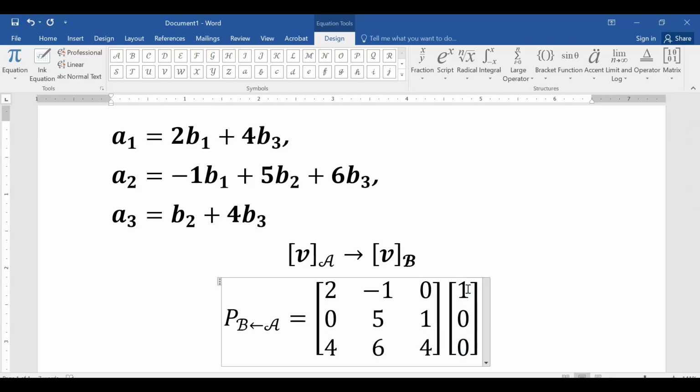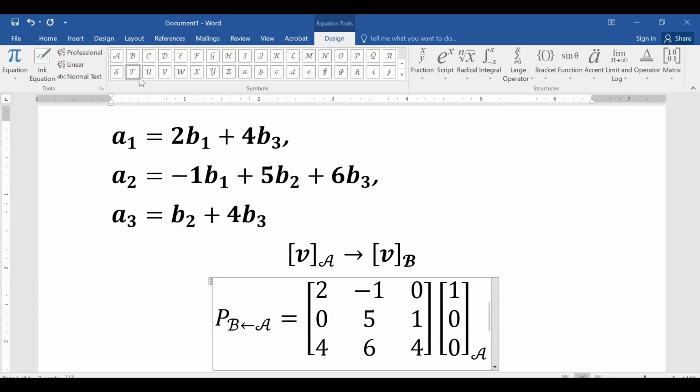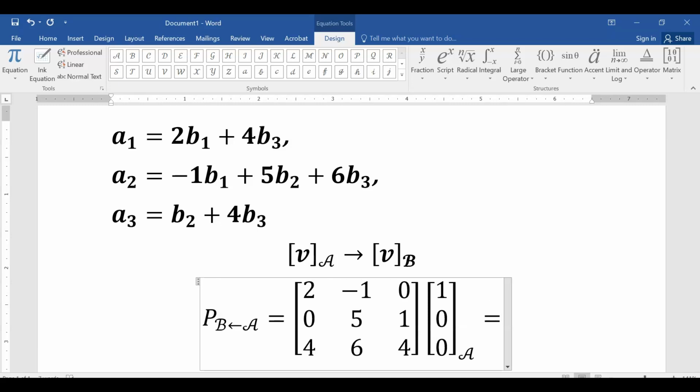I'm going to do a little bit of bad notation, but that's the coordinate vector with respect to A. And notice what that would do. That would give us out 2, 0, 4.